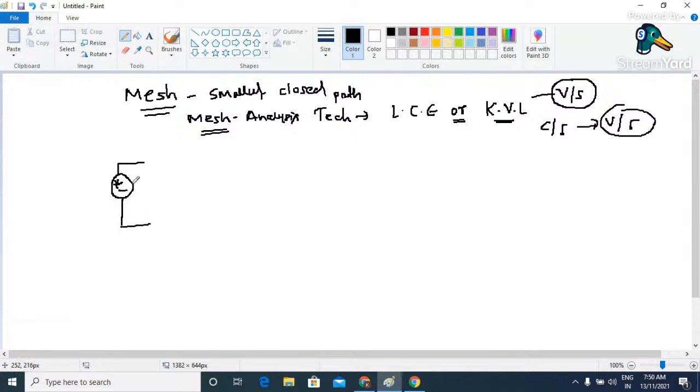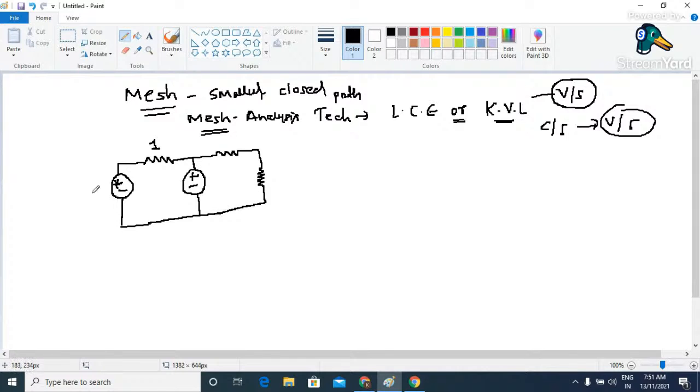And here we have a resistor of value 1 ohm, followed by another active element, a voltage source. Here we have a resistor and then again one more resistor.